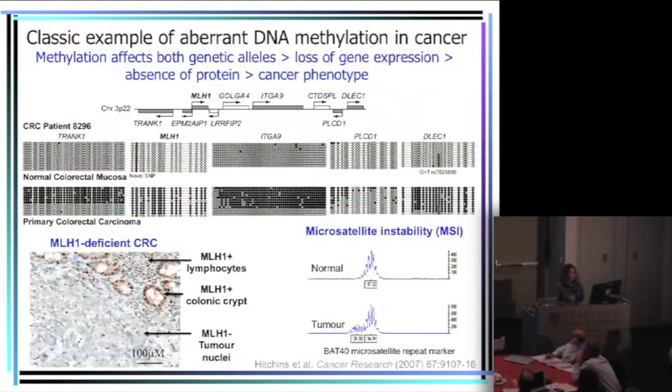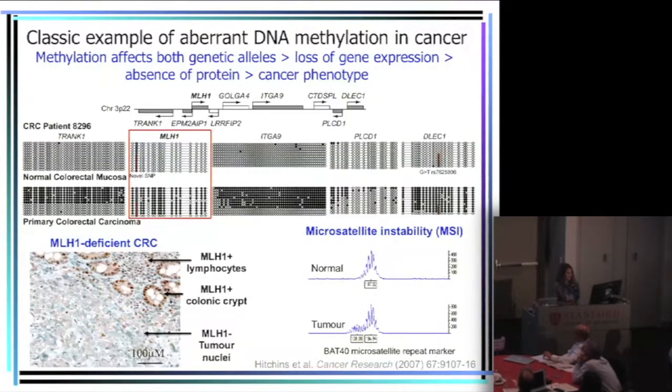So one classic example of aberrant DNA methylation in cancer, which really conforms to the simplistic notion that methylation affects both genetic alleles, resulting in complete transcriptional loss of gene expression and absence of protein, and thereby leading to a cancer phenotype, is the example of the MLH1 DNA mismatch repair gene.